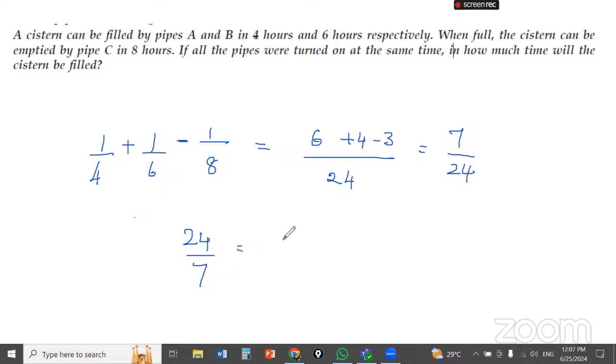So when you put it in mixed fraction, this is 3 3 upon 7 hours. Yeah, I think almost all of you got this answer.